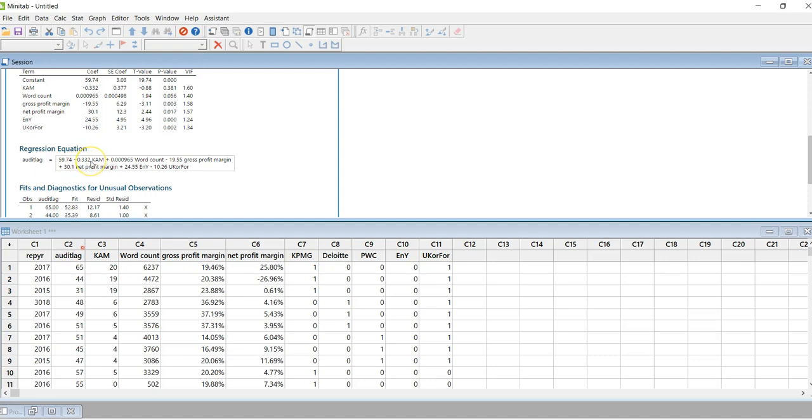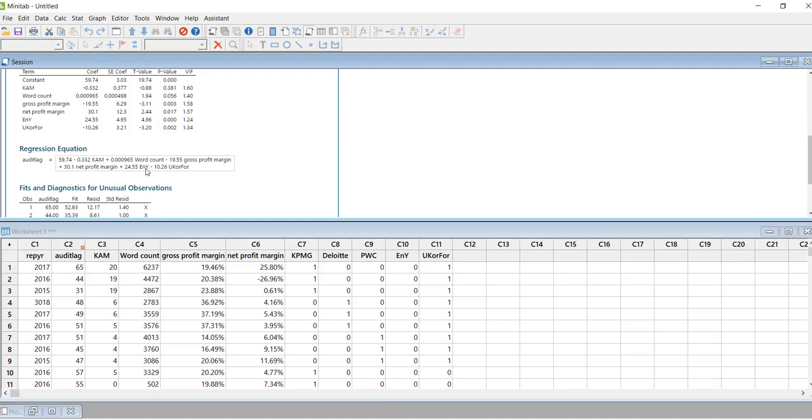Then we have these KAMs as a factor, which is the number of issues found. We've got the word count, how long is the report. Then we've got the gross profit margin, net profit margin, and I've included one of the auditors, Ernst & Young.